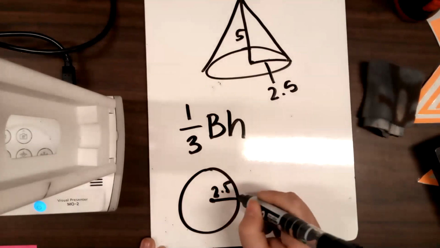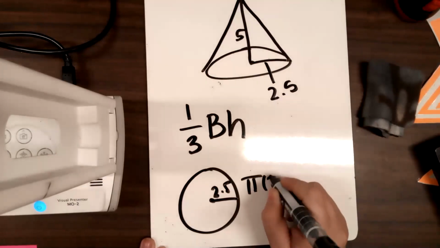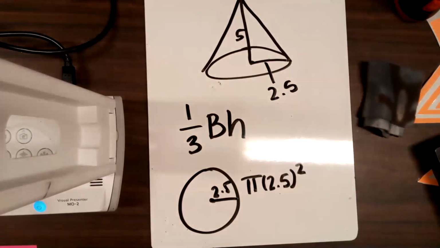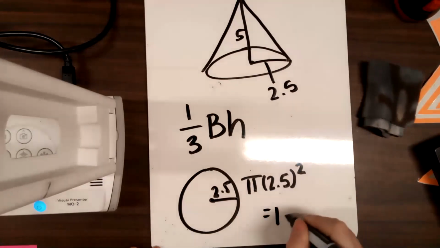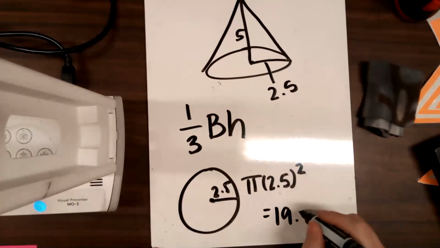All right, so first thing we gotta do is find the area of our base, which is pi times 2.5 squared, which is going to be 19.63.